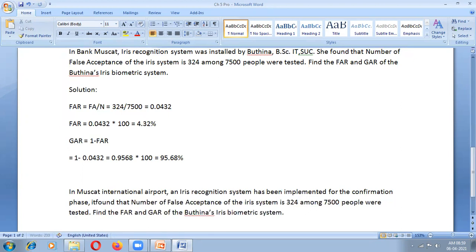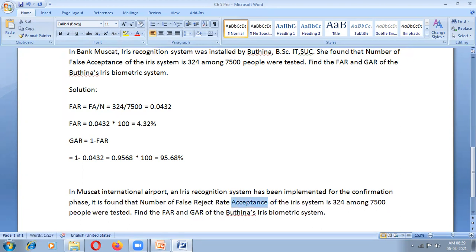It is found that the number of false rejects, false acceptance is by mistake it accepts, false reject is by mistake it rejects, of the iris recognition system is 141 among 8,000 people tested.